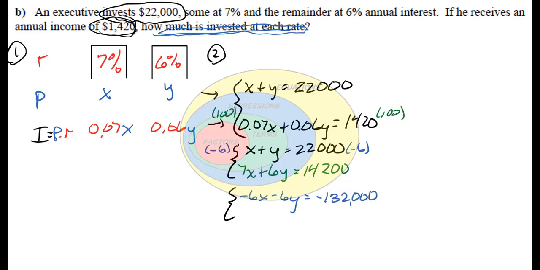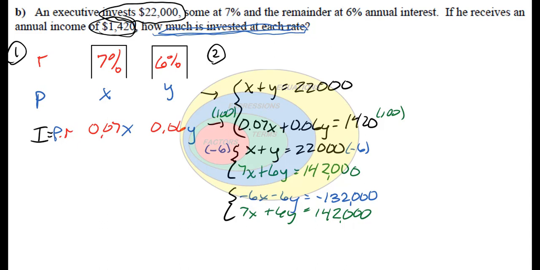And that's going to equal the bottom equation, which is 7x plus 6y equals 142,000, sorry. So I should have up here, this is 142,000 when I multiply 1420 times 100. I needed to add 2 zeros there.